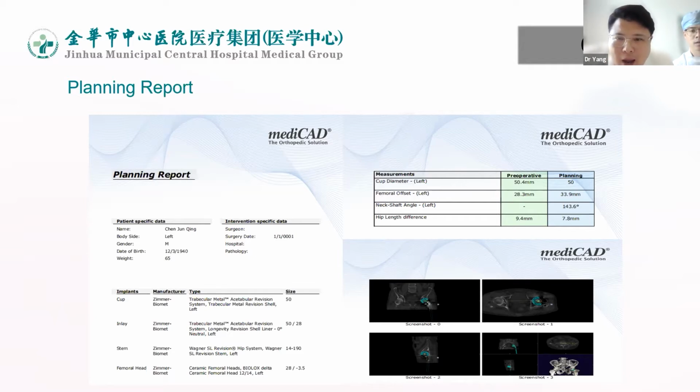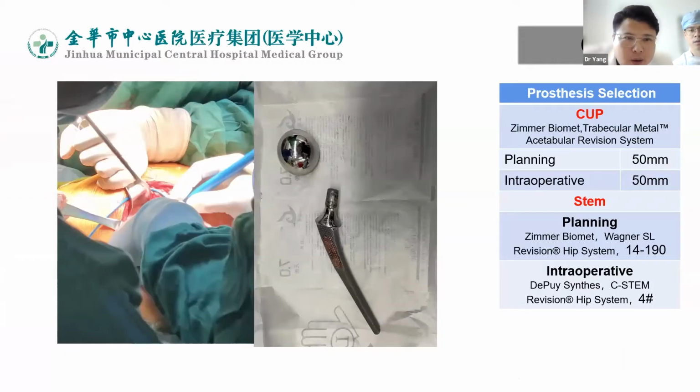So at last we used cement. We planned the operation as a THA, total hip arthroplasty.